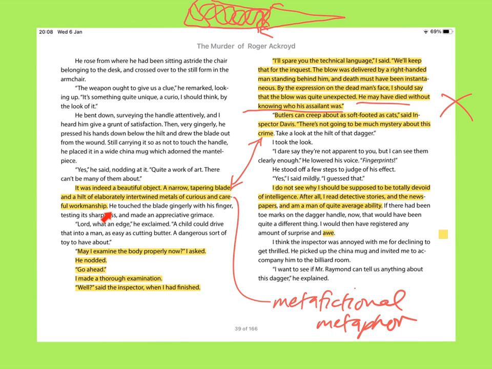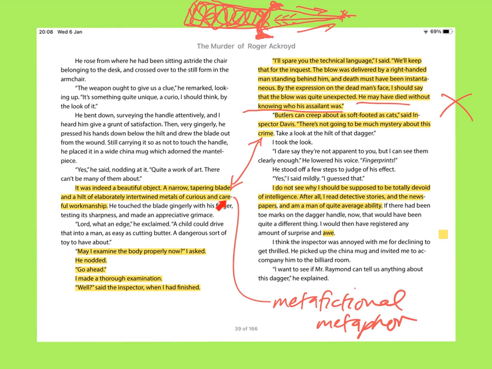So I'll attempt a drawing of that on the screen in a moment, but elaborate, intertwined, that's plot lines and clues. That's essentially a brilliant metaphor for Christie's brilliant whodunit. Tapering, narrowing to a point at the end, as all daggers and blades and swords do, is the final reveal of Shepherd as the murderer.